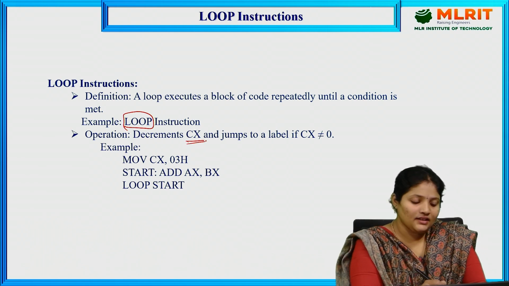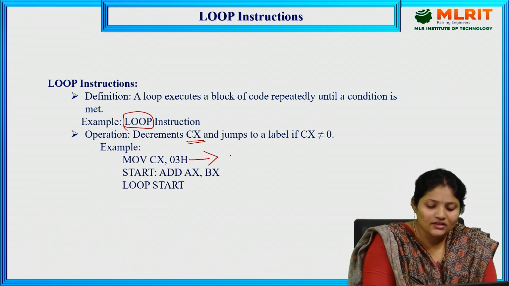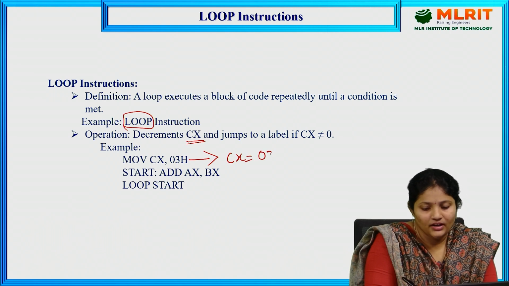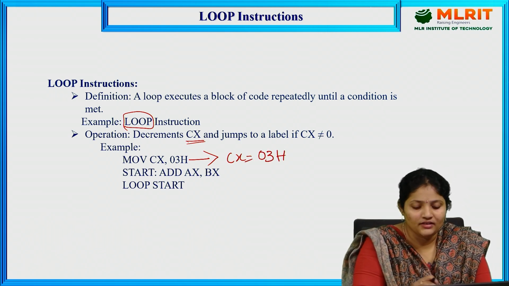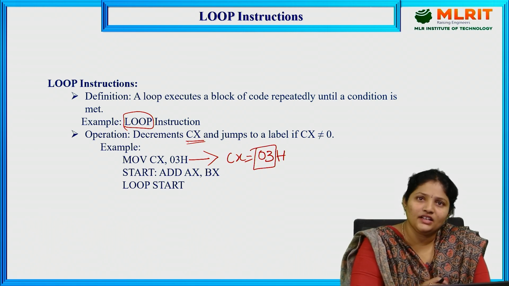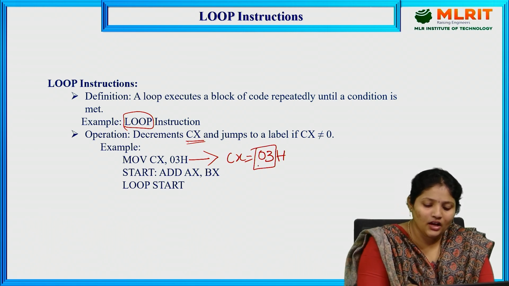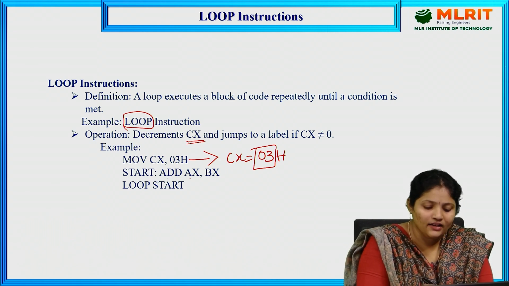Let us see an example of a loop instruction. Here, move CX, the CX register is loaded with 3. So this loop is executed until the CX register gets 0. So now CX equals 3. Now what we will do: add AX comma BX.